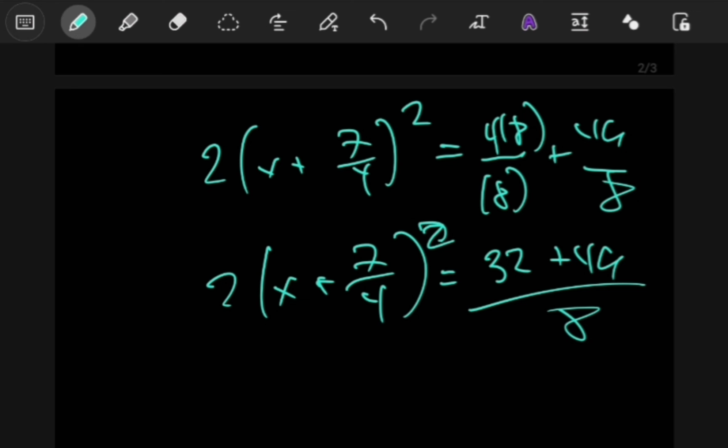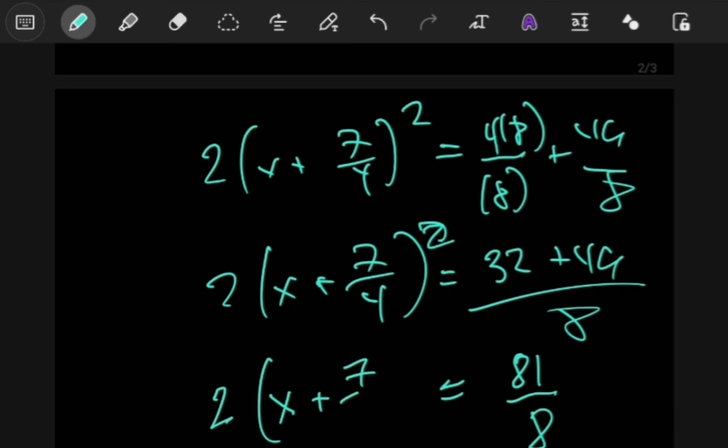So yes, we're almost there. What is 49 plus 32? That is equal to 81 over 8 equals 2 times x plus 7 over 4 squared.